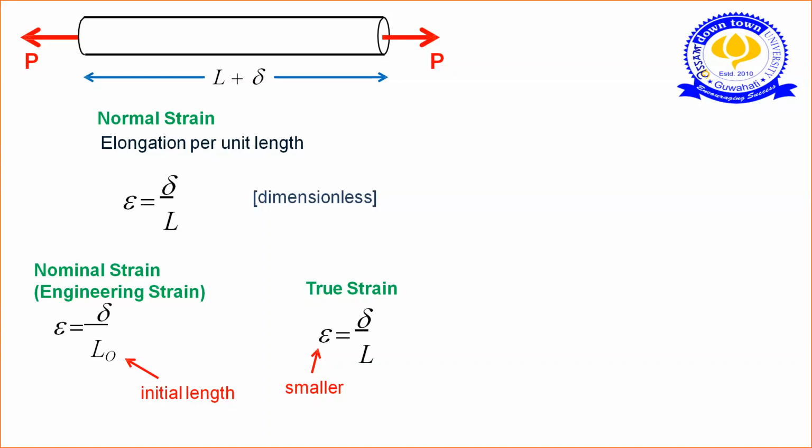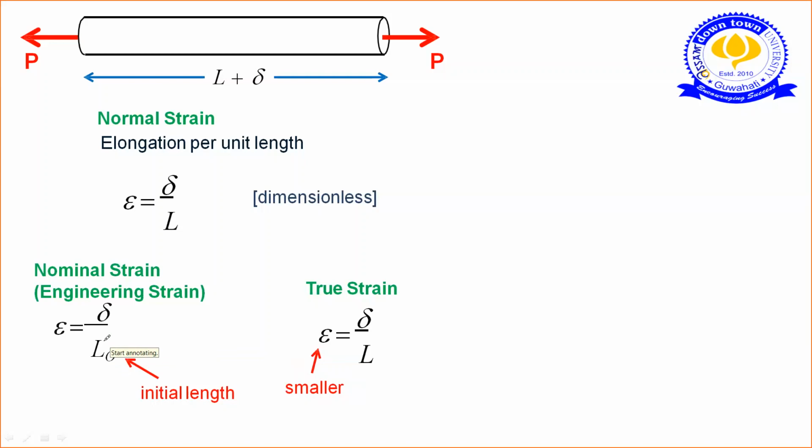In a similar way, we got normal stress, nominal stress, and true stress. In the same way, we have normal strain, nominal strain, and true strain. Same here in the strain part.